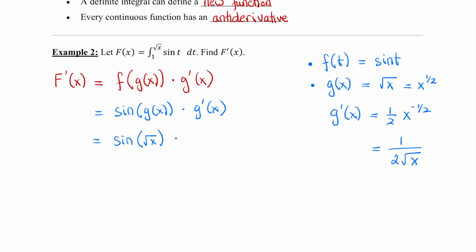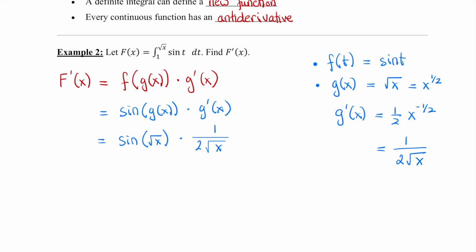Now, I replace g prime of x with 1 over 2 times square root of x. So, big F prime of x equals sine of square root of x over 2 times square root of x.